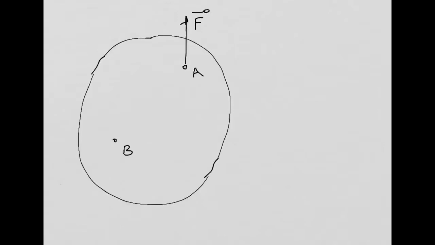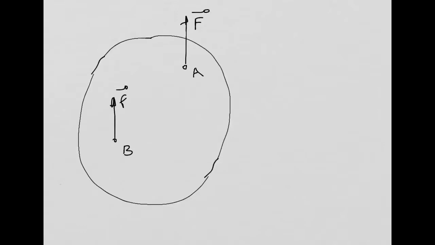So what I'm going to do is something like this. I'm going to include in point B a force F, the same force that I have in point A. I'm just going to copy that force to point B. But if I do only this, I am altering the equilibrium. I'm changing the equilibrium, right? This is not the same as the initial configuration with a force only at point A. This is completely different.